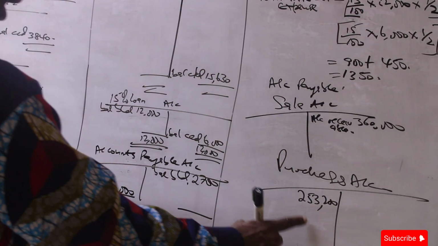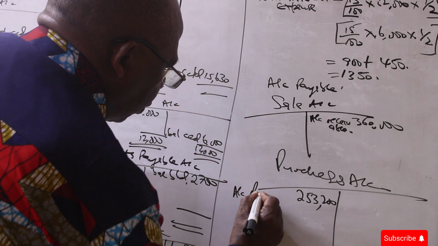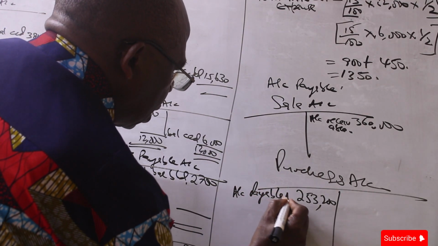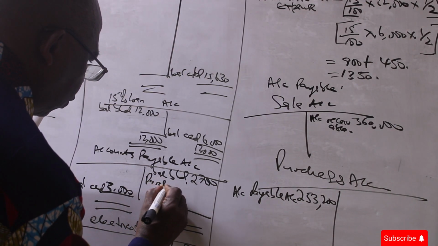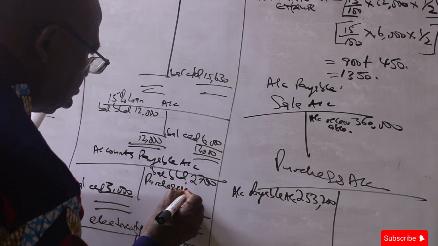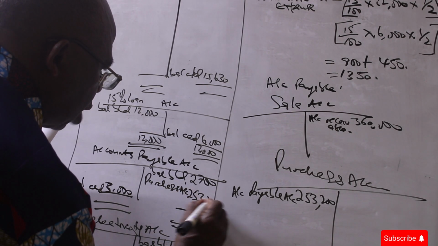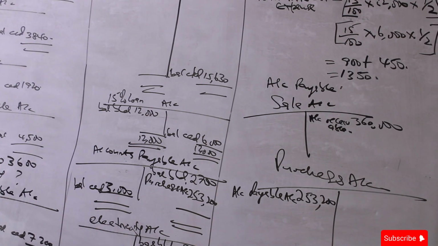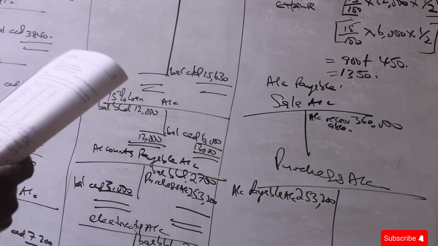And here we say accounts payable, and here we say purchases account with 253,200.